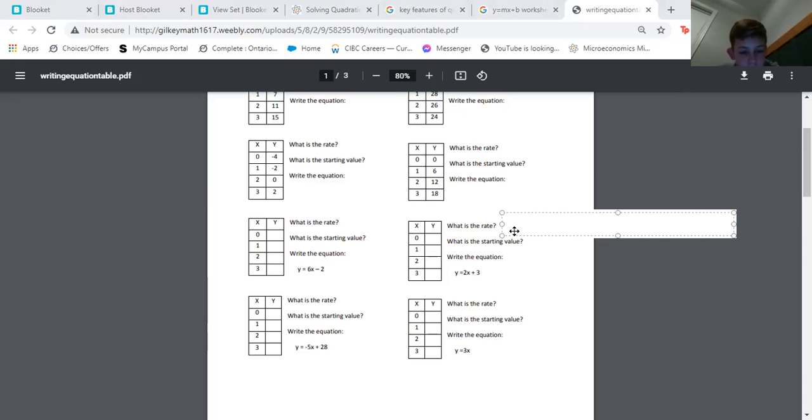Hold on. So if you're given this equation, what would be the rate of change?